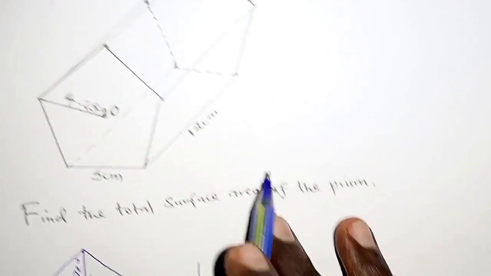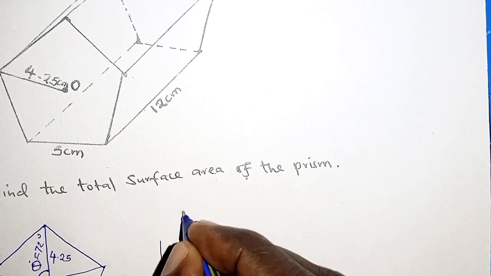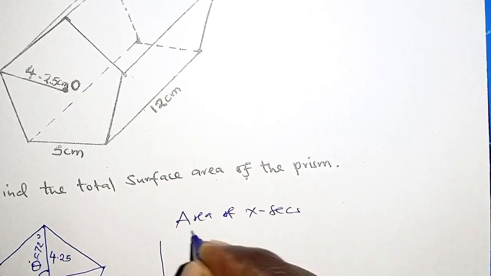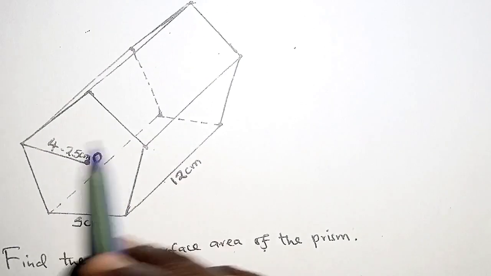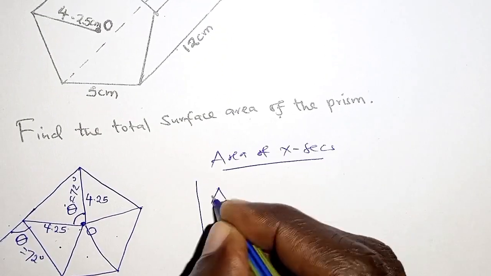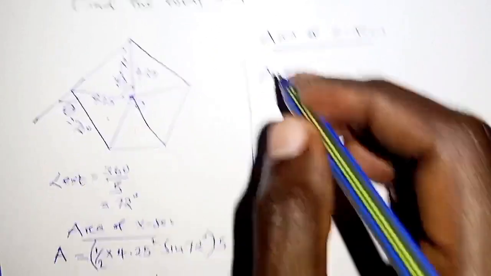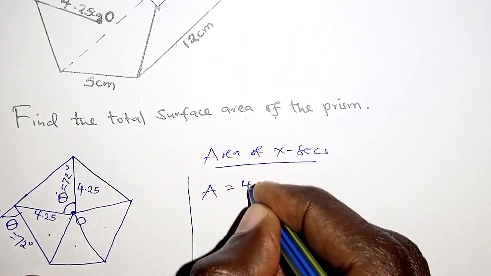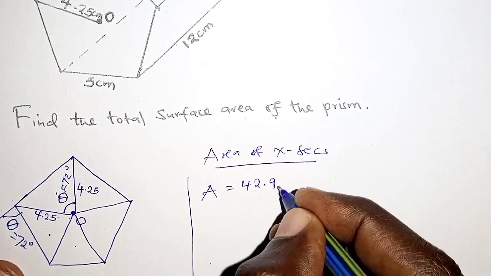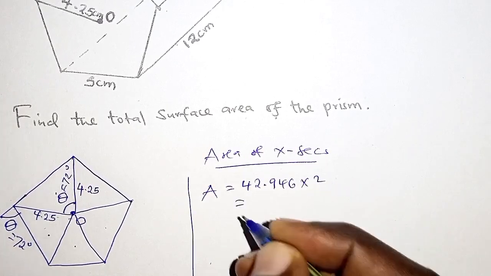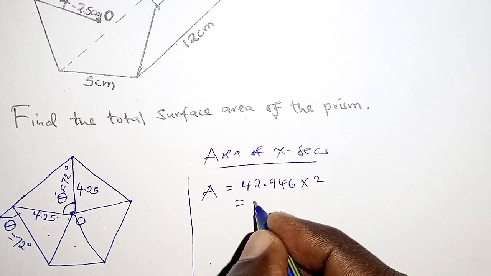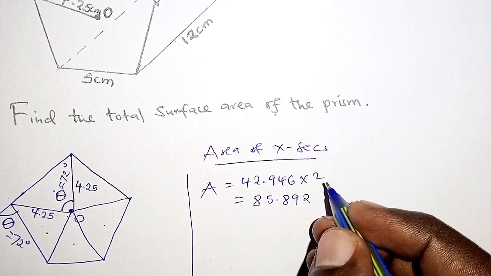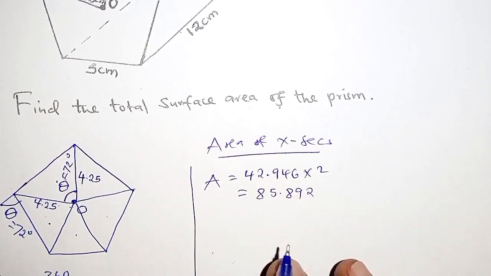So if we have to determine the area of cross sections, we'll have to multiply the area of one cross section by 2, so we have 42.946 multiplied by 2 because there are 2, and that should give us 85.892. Now that is for the cross sections.